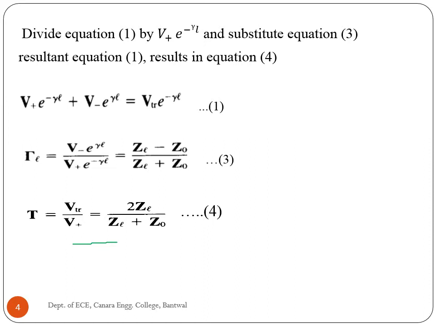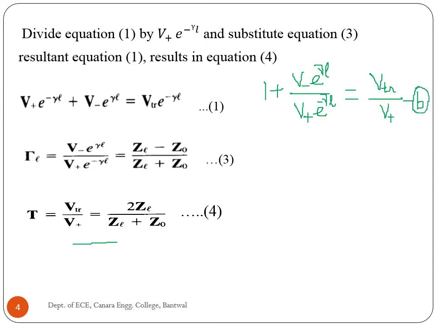Firstly, we have to divide equation number 1 by V plus e to the power minus gamma L. We will get 1 plus V minus e to the power gamma L divided by V plus e to the power minus gamma L, which is equal to VTR divided by V plus.